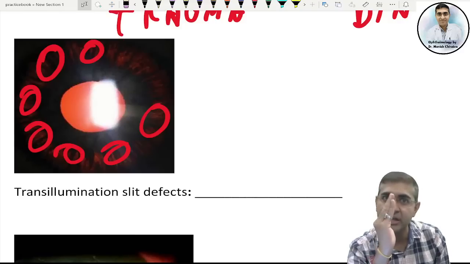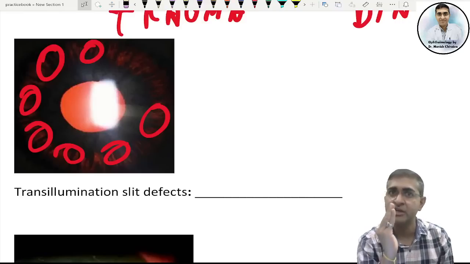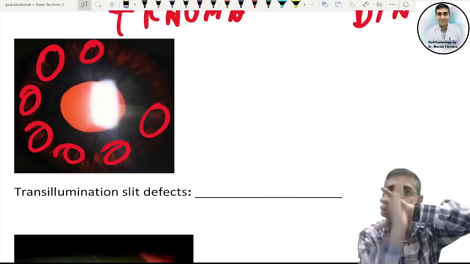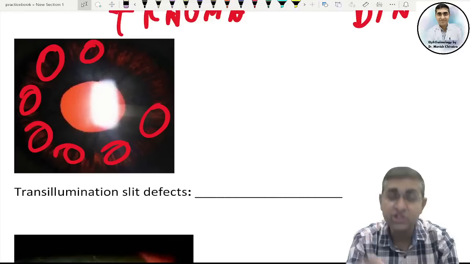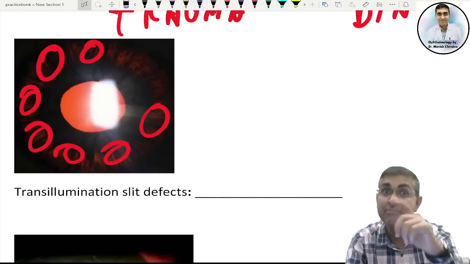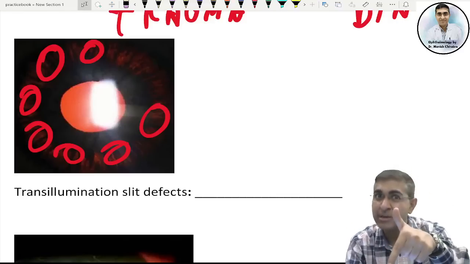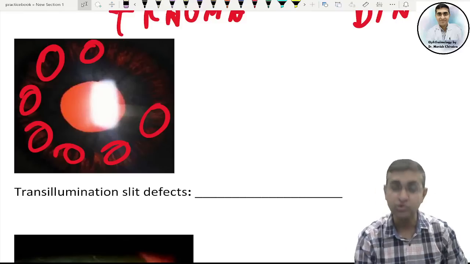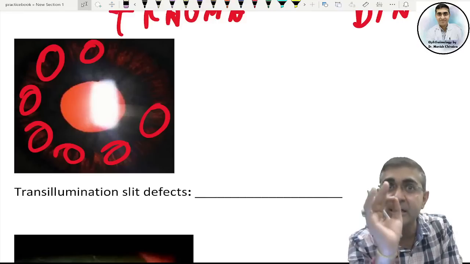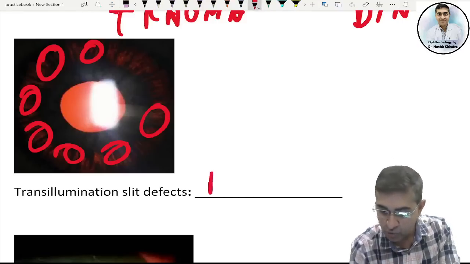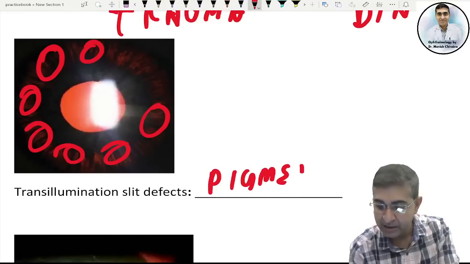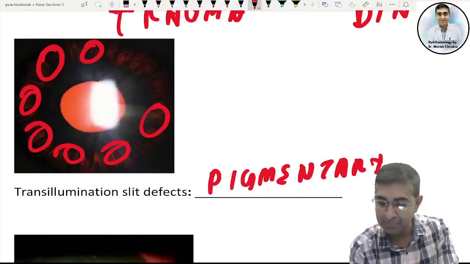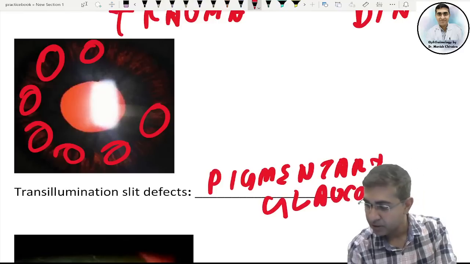Then when the pupil dilates and constricts, the posterior part of the iris constantly keeps rubbing over the lens and its zonules. As a result, there is pigment dispersion in the anterior chamber, and by examining through the slit lamp, you are going to see transillumination slit defects. And this is known as pigmentary glaucoma.